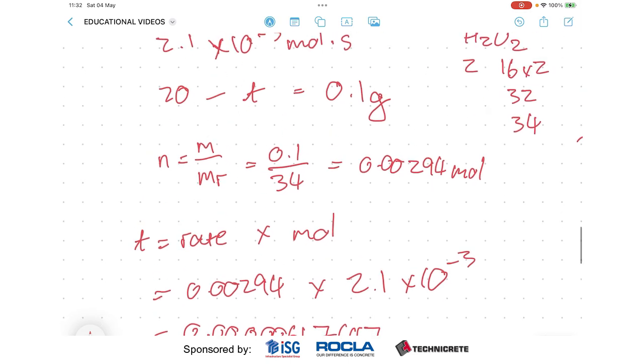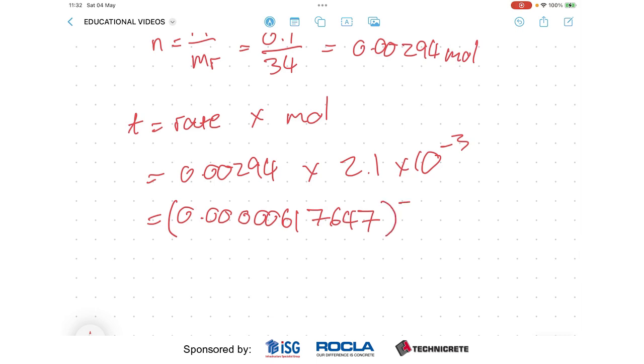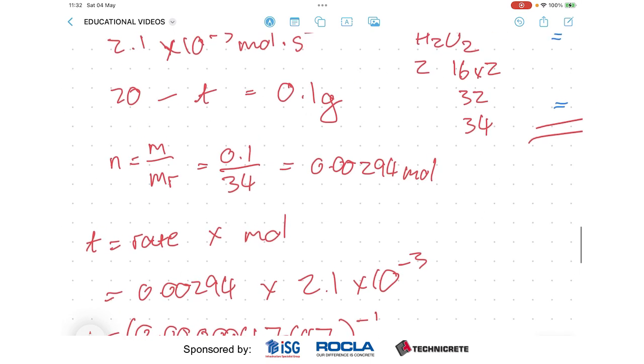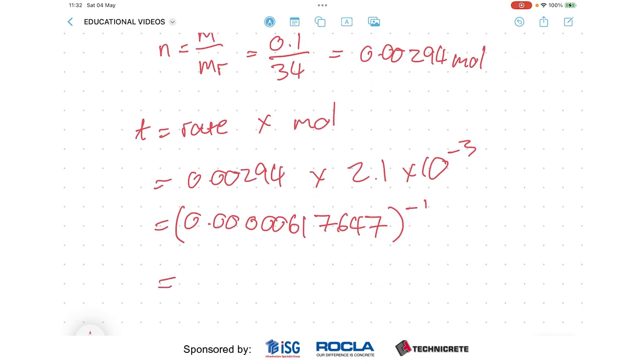Okay, so what you got to realize is I've done it the long way because we have per second. I've essentially got the inverse, so you can just do that. More correctly, maybe what we were supposed to do was divide our moles by our rate. I've done it the longer way, but it's fine. So just take the inverse and then you get some answer. And my answer is really weird. What have I done wrong? I feel like I have done something horribly wrong.